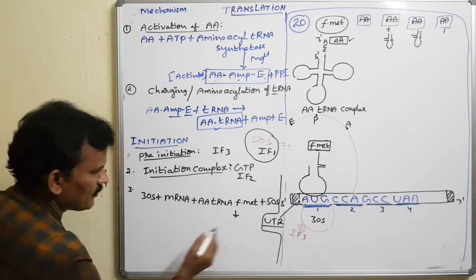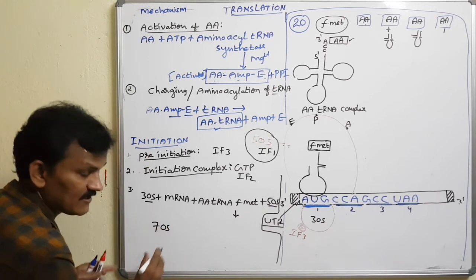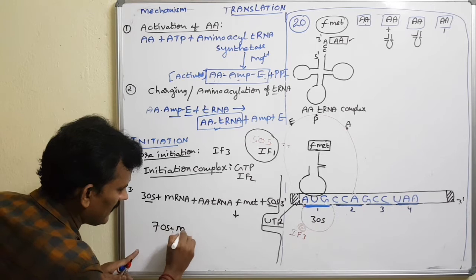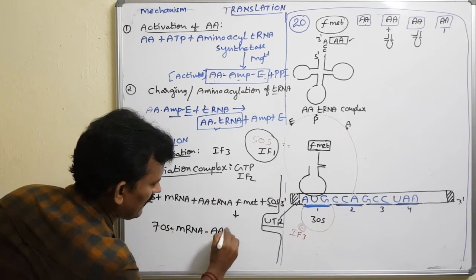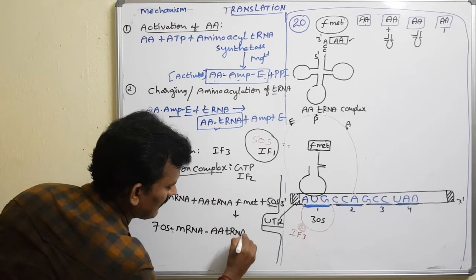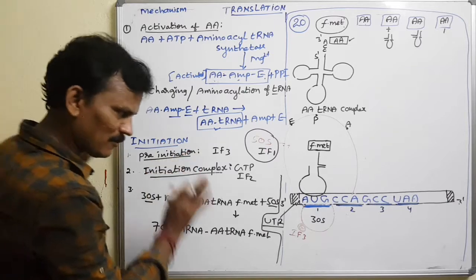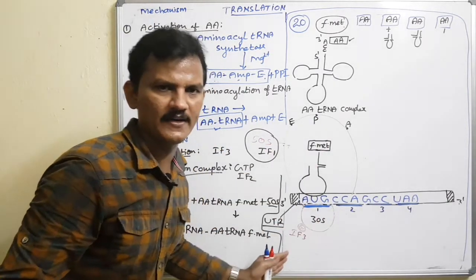What complete structure is produced? 30S and 50S make a 70S ribosome, which is prokaryotic. The 70S with mRNA and aminoacyl tRNA fMet unit is formed. This is the initiation process. The AUG gets activated and initiation is stimulated.